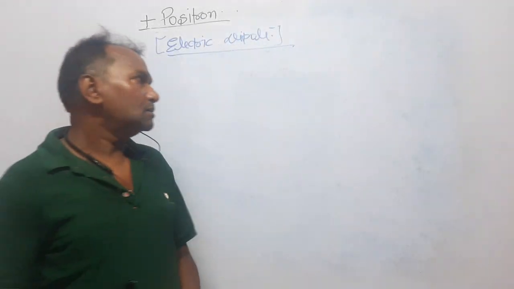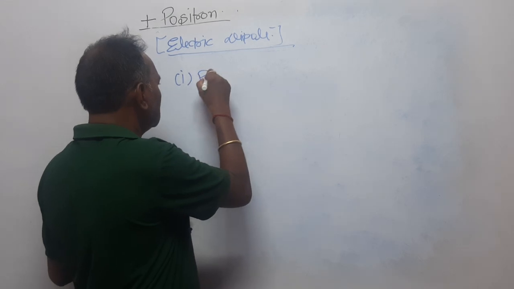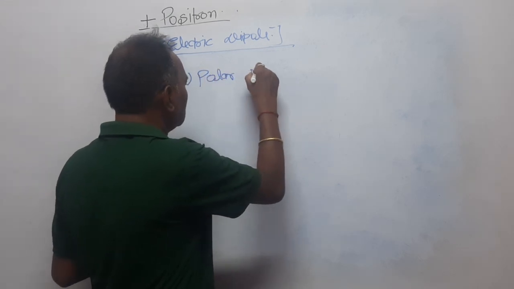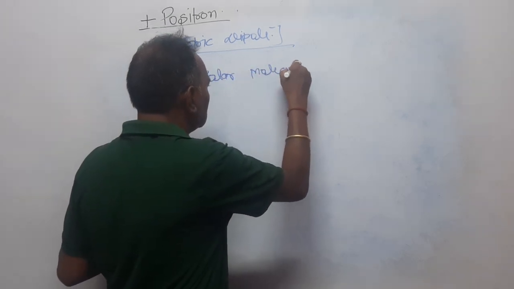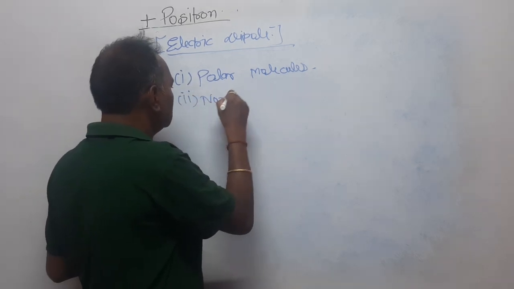Dear students, on the basis of polarity, on the basis of dipole, molecules are divided into two types. The first one is a polar molecule and the second one is a non-polar molecule.